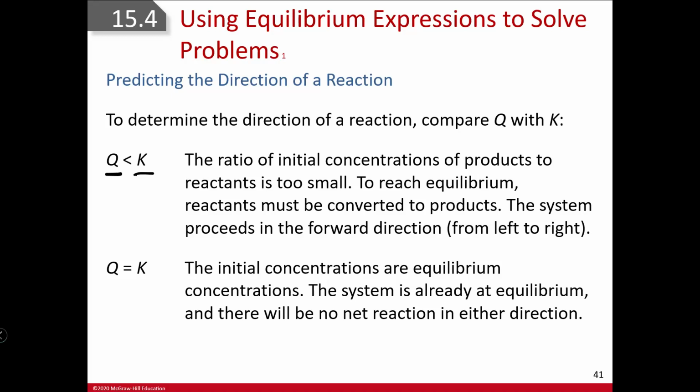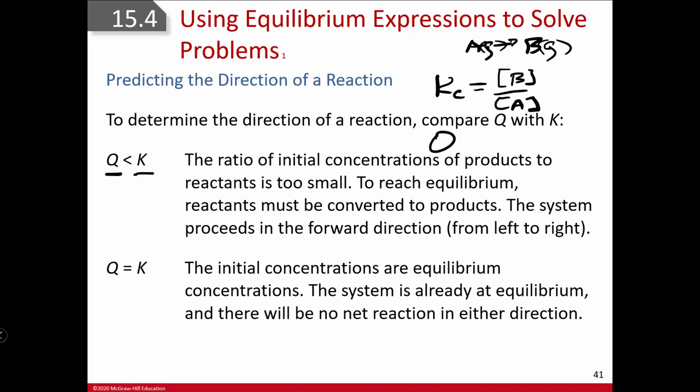And here's what you got to remember. If Q is less than K, let's do something real simple here. We got A going to B, and let's say that both of these are gases. Let me just make it easy. All right, so our expression is Kc is equal to the concentration of B over the concentration of A.